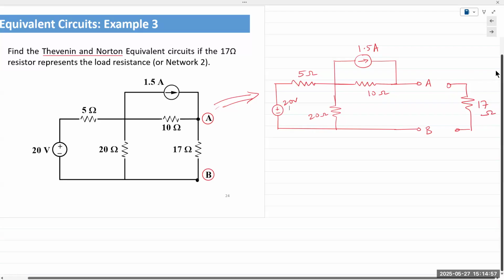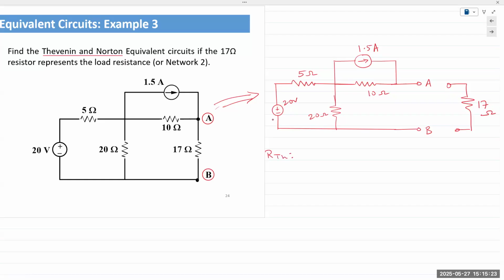Then I'm left with 3 resistors, and it is possible to reduce those 3 resistors down to one single Req. Remember that it's not always possible to find Req. In this case, it is possible. So we can begin with RTH.